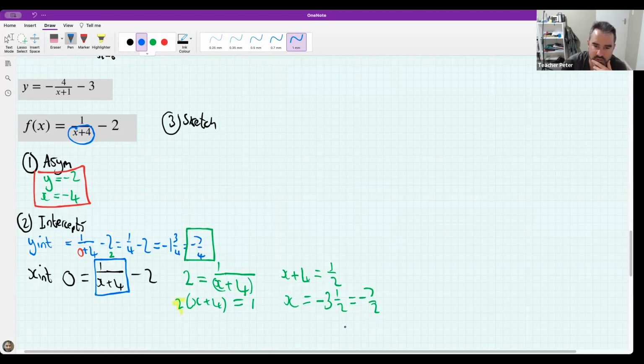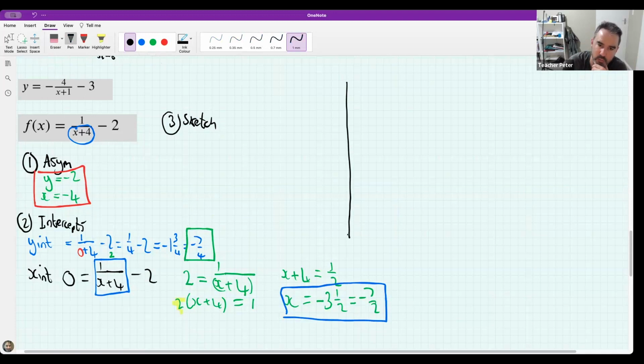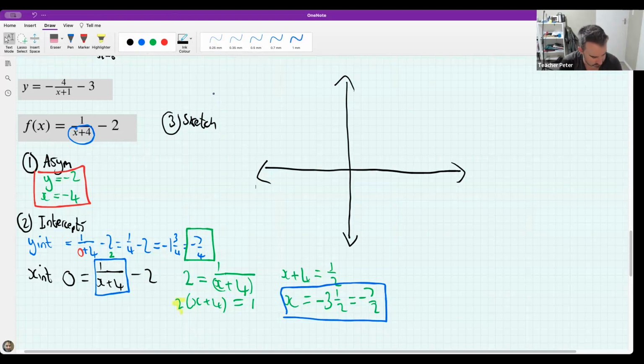And then you've got this information. Well, maybe I should put a big block down over here. And that's going to help you to sketch this hyperbola. But I want to give you some quality time to sketch this hyperbola by yourself. So I need you to tell me down in the chat before I give you the final answer.